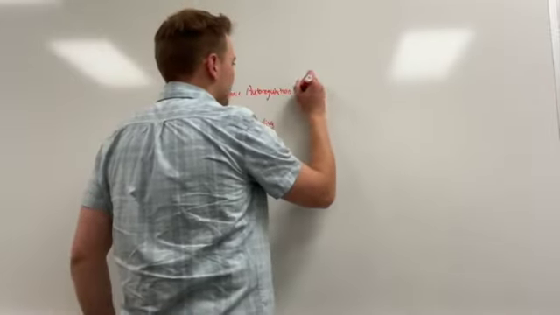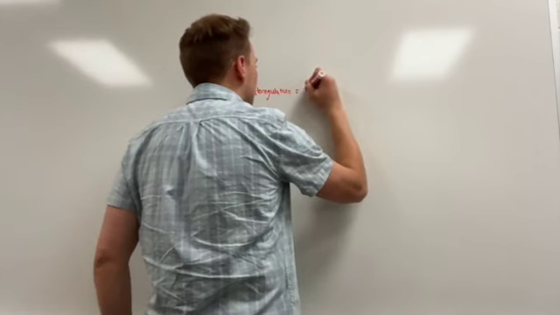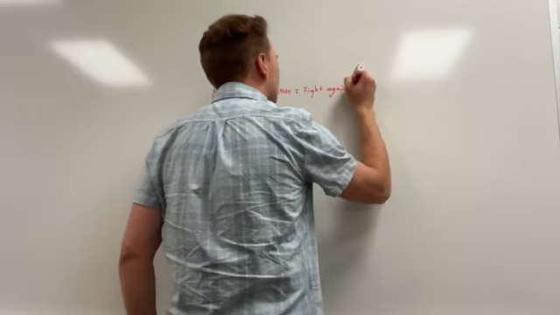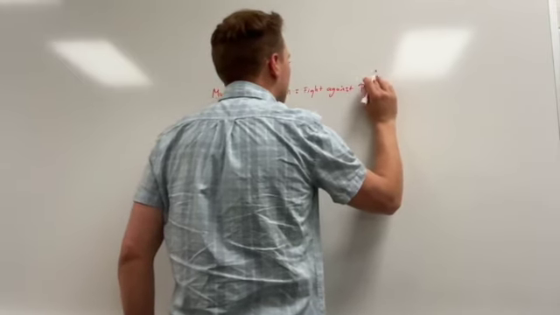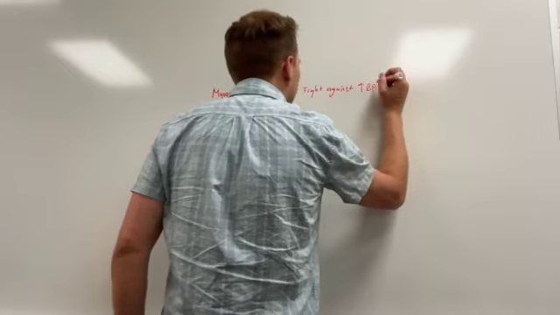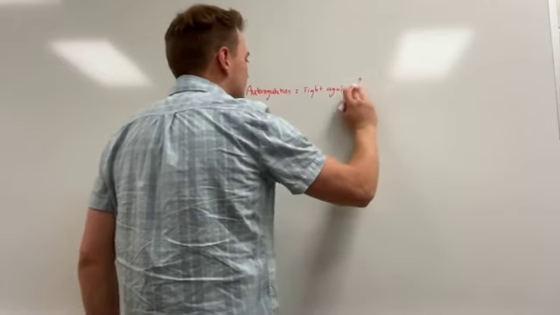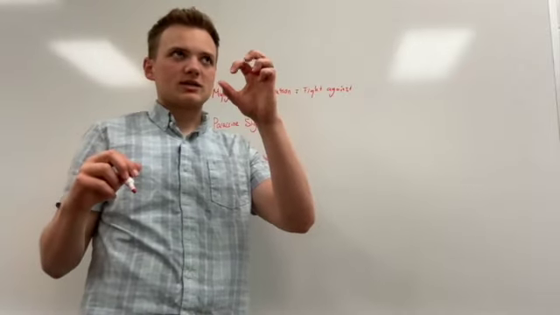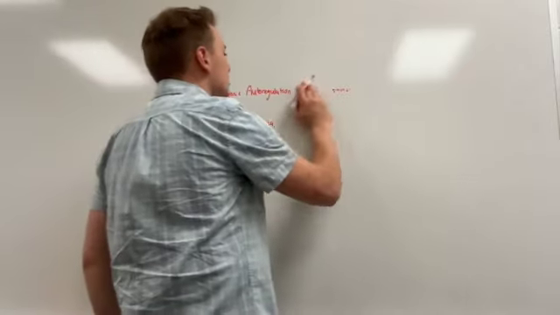So we can say this helps fight against an increase in blood pressure. Well, I guess that's not true, because as it dilates, or as it gets bigger, then it's going to get smaller. So this helps increase blood pressure.